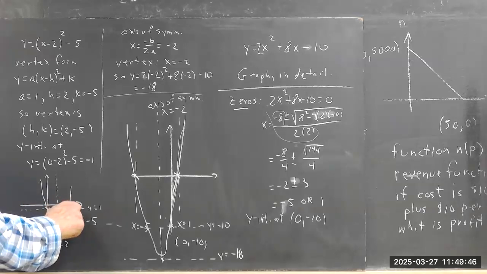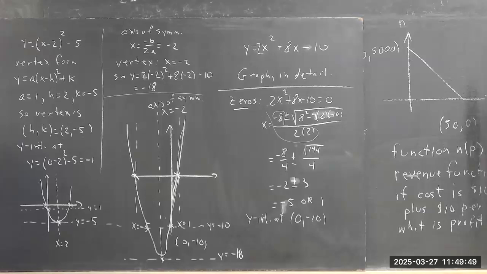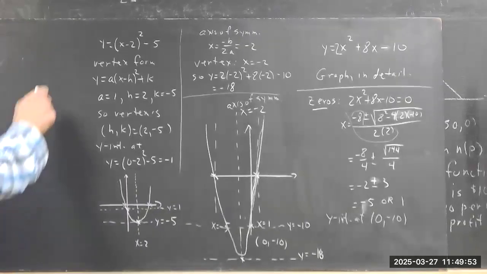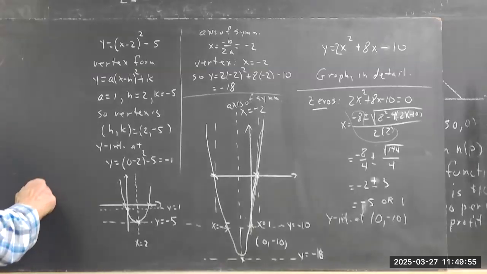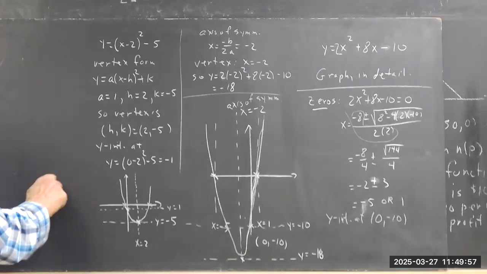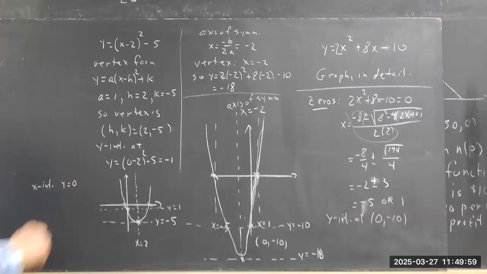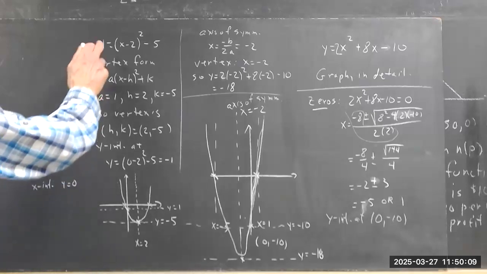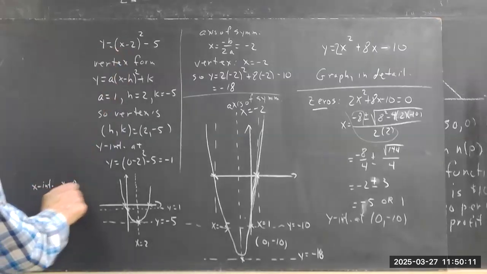Now, I haven't determined what the x-intercepts are, but the x-intercepts are when y equals 0. You just have to know that the y-intercept occurs when x equals 0. In terms of the graph, you should understand why.